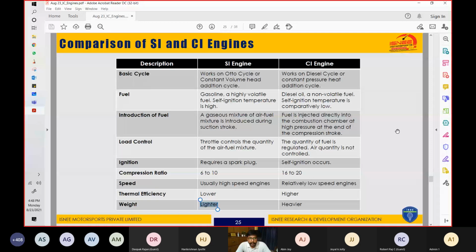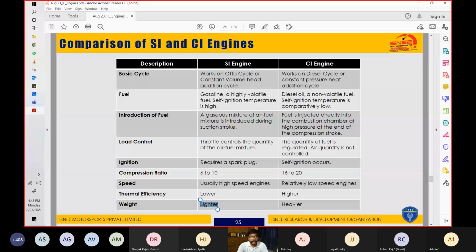The SI engines have lower thermal efficiency, and CI engines have higher thermal efficiency. Then there is weight. The SI engines have lower weight, and the CI engines have higher weight. So these are a few parameters on which you can compare the spark ignition engines and the compression ignition engines.